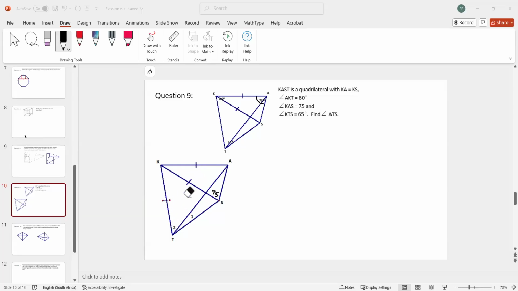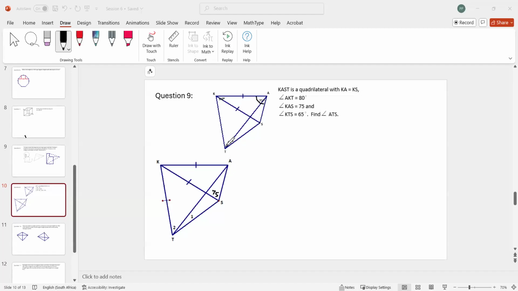We're only given that these two are equal. I can't seem to be knocking this thing out from here. Okay. So that angle there is 75, and the whole angle there is 75 also. This angle here is also 75.